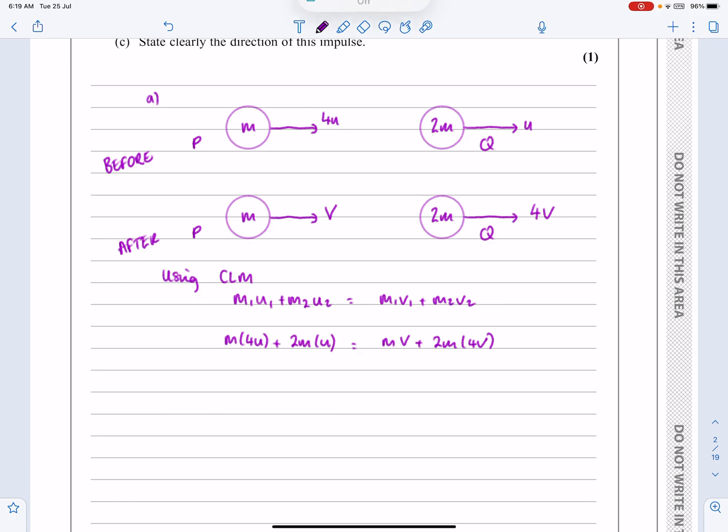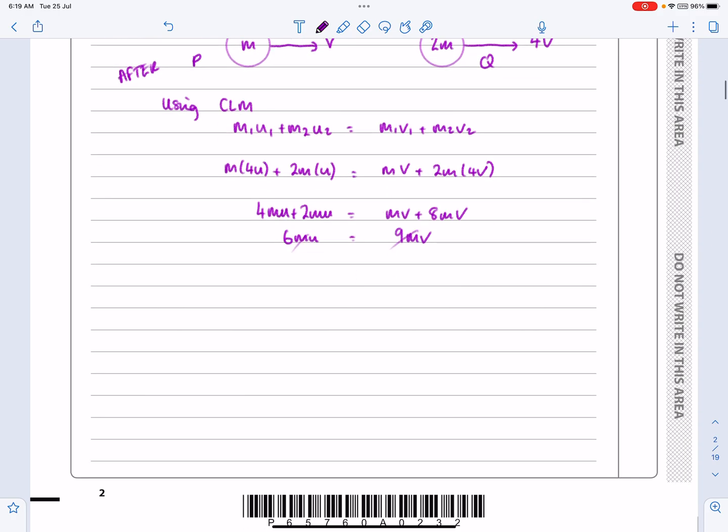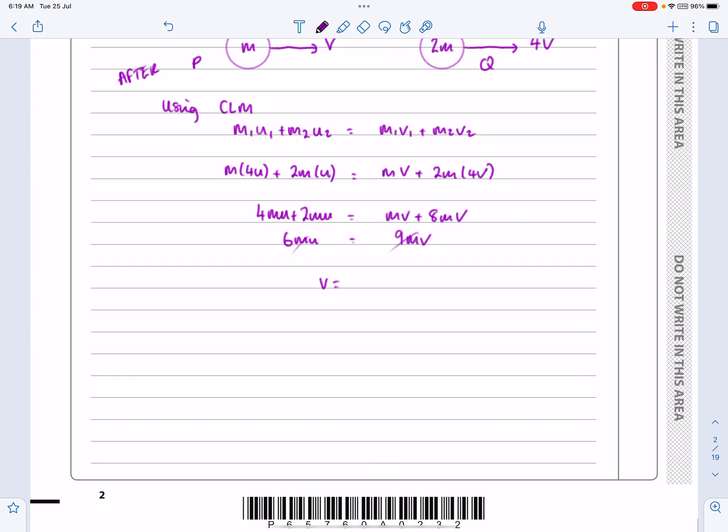Tidying that all up, I've got 4MU plus 2MU, 6MU, is equal to MV plus 8MV. That's equal to 9MV. We cancel out the M's, and if we divide, we get that V is 6U over 9, that's 2U over 3.